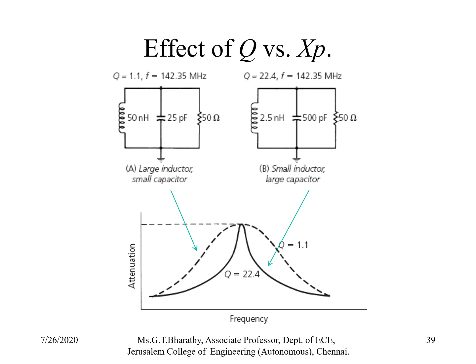So this is the effect of Q versus the parallel reactance. In parallel reactance, we always prefer a smaller inductor and a larger capacitor. In the case of resistance, as the source resistance increases, we saw that the quality factor increases.